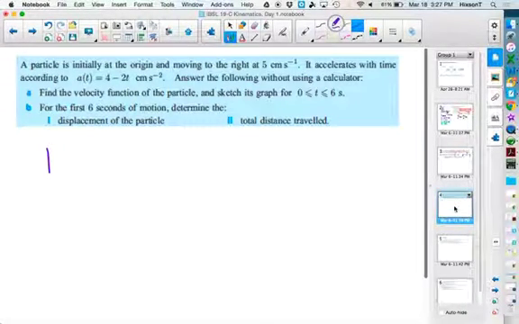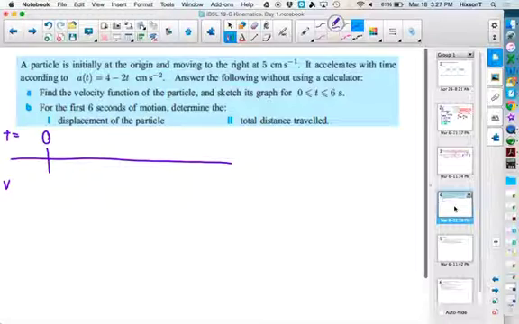So here we have our origin 0, and at time 0, remember we're going to put our times at the top, and let's put our velocity. Our velocity at this moment is 5, and it's positive 5 because we happen to be moving to the right.